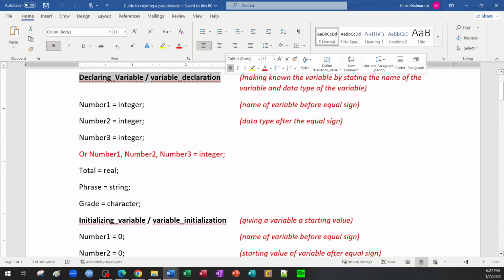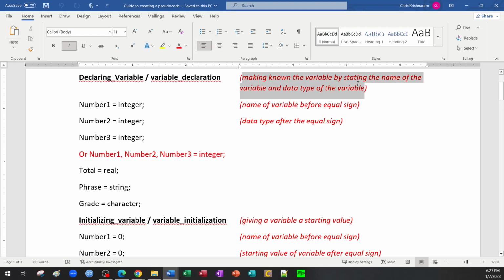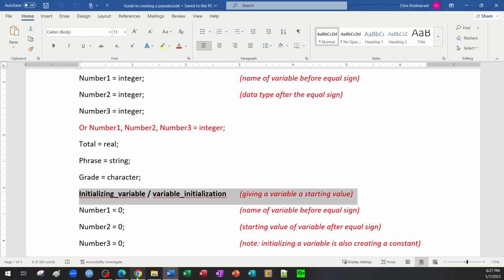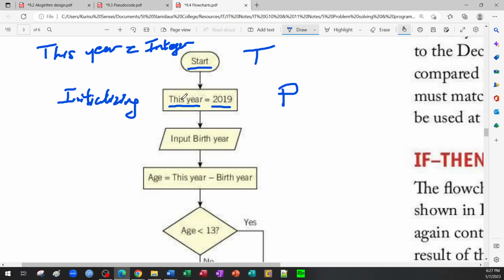Declaring basically means to make known the variable by stating the name of the variable and the data type. Initializing means to give a variable a starting value. So if you notice what's happening here, we're giving the variable this year a starting value of 2019. So that there is a process.